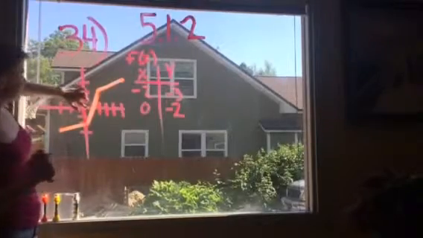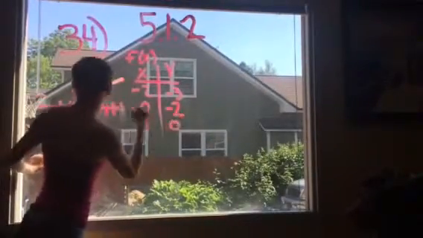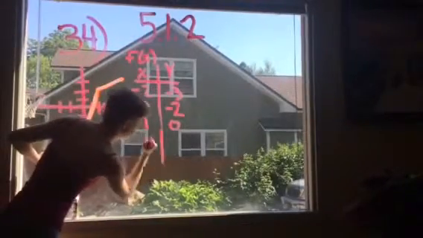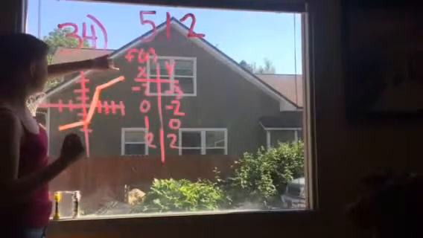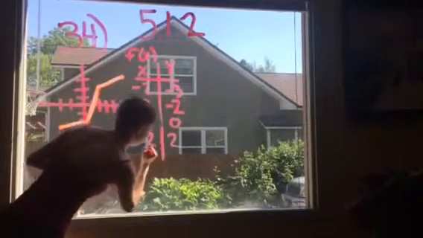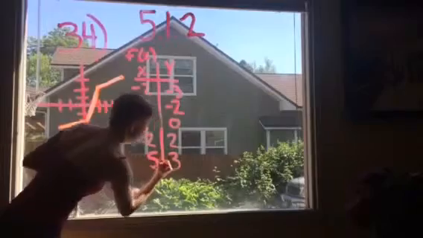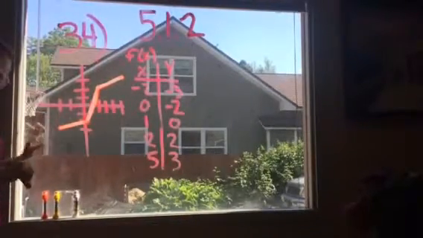This point is 1, 0. This one is 2, 2. And this last one is at 5, 3. Okay, so these are all the points for the original graph.